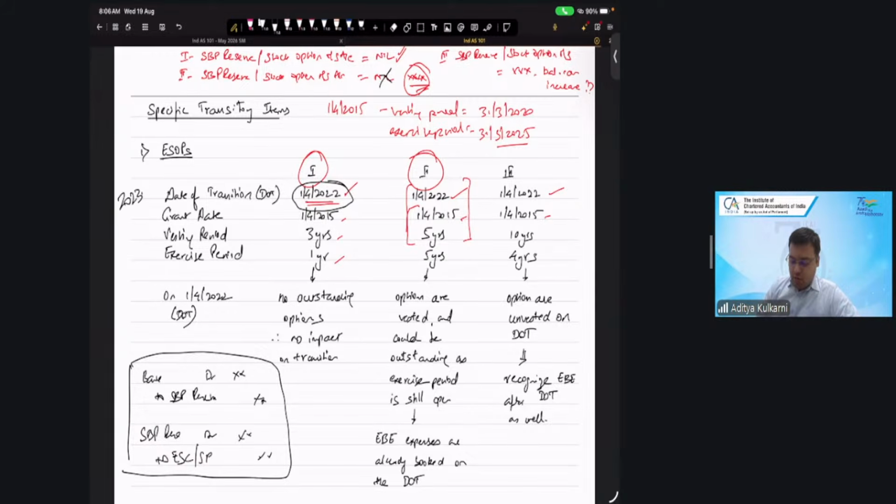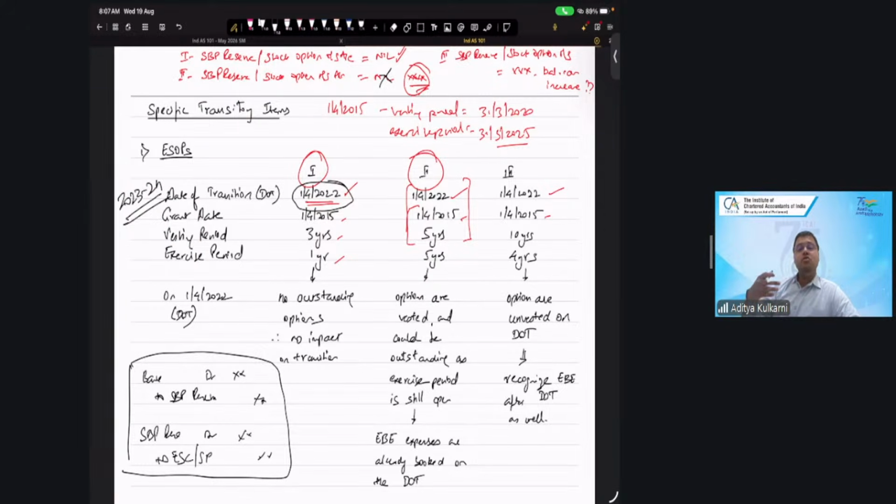You are in 2023-24 when Ind AS has become applicable to this company. So if you have that much of an itch to follow fair valuation 100%, then go back in time to 1st April 2015. Reconstruct the growth of the company, the metrics required for a binomial model or a Black and Scholes model, the dividend rates and growth rates you estimated at that point of time.